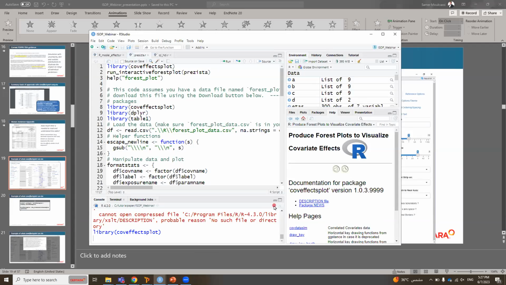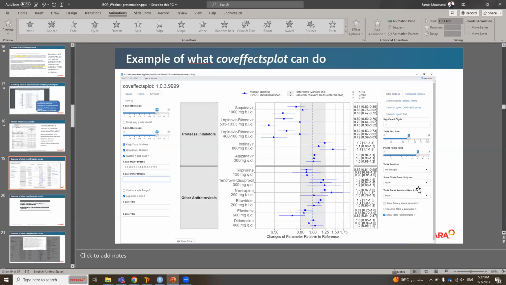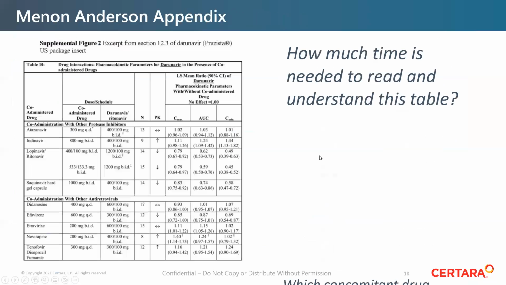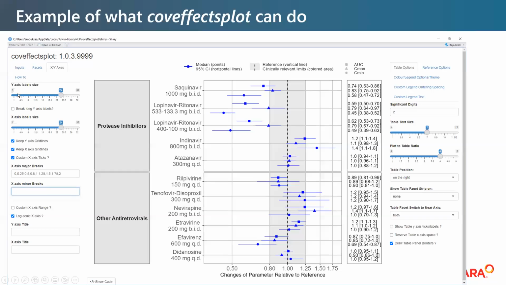Maybe it's just a OneDrive issue. But yes, you run this command and boom, you get this plot. And this is fully interactive. You can change the order, you can exclude some of these values, and so on and so forth.